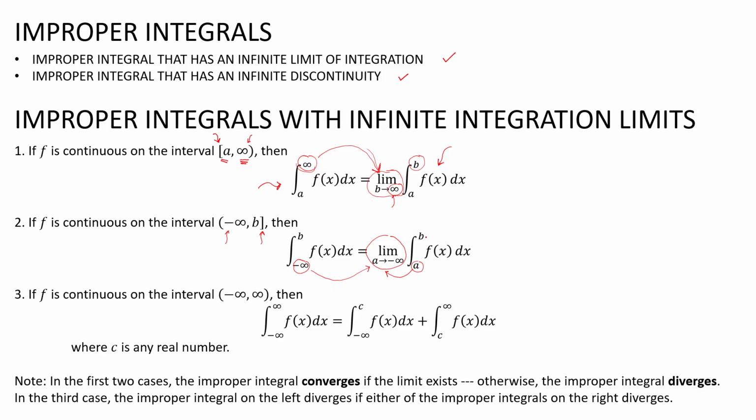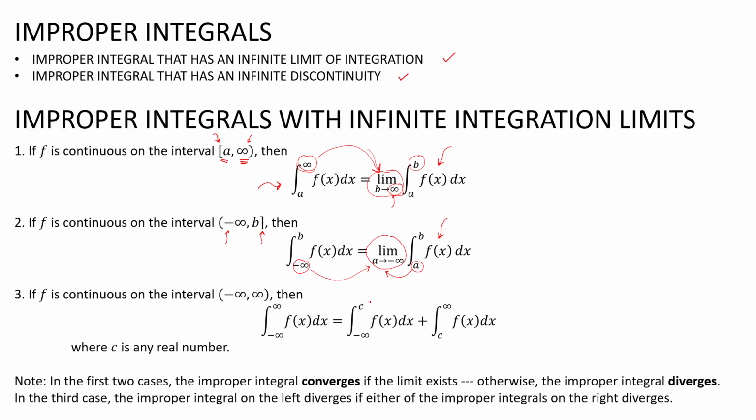Again, we try to integrate the equation first before applying the limit of the infinity, whether it's negative infinity or positive infinity. So if you have negative infinity to infinity as your given problem, you just have to divide it into two portions. You can have negative infinity going to c.